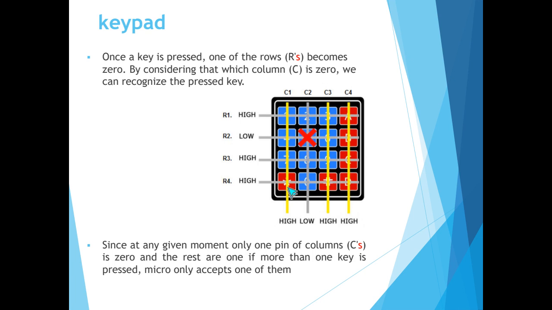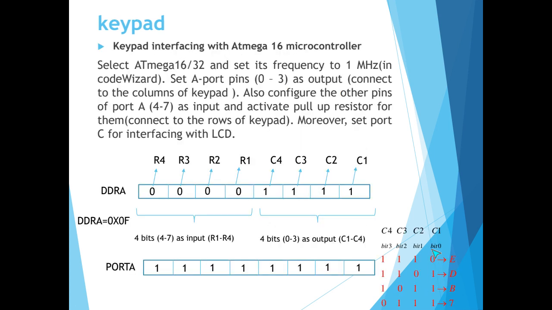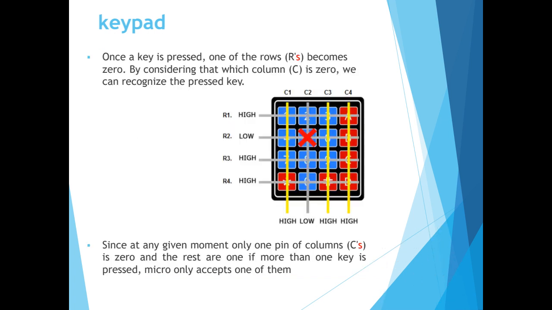Because by pressing the key, the column and row are connected to each other. And because we set bit 0, which is connected to C1, to logic 0, all of the C1 keys are connected to logic 0.